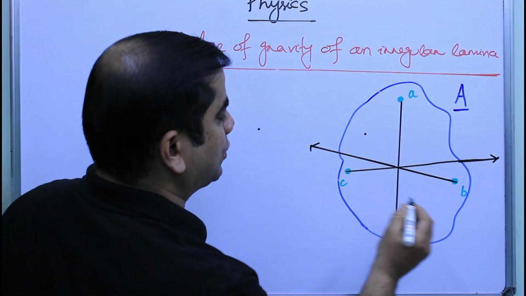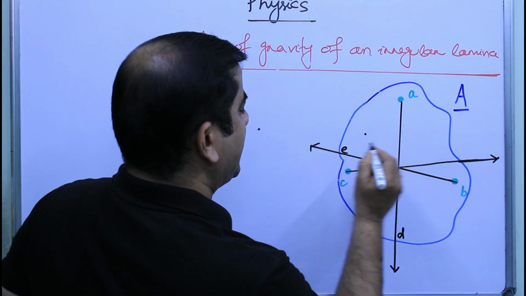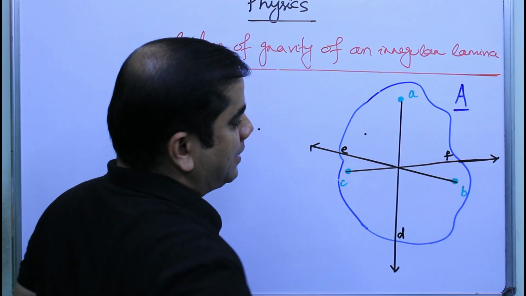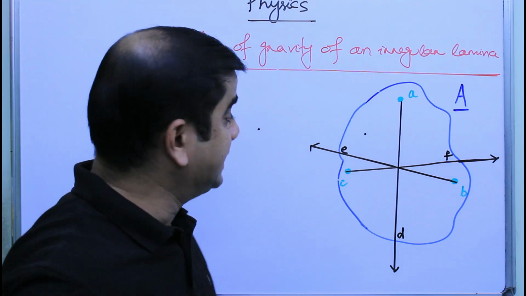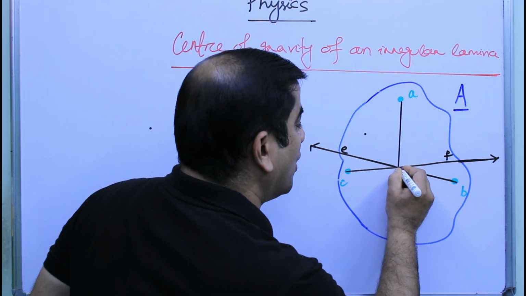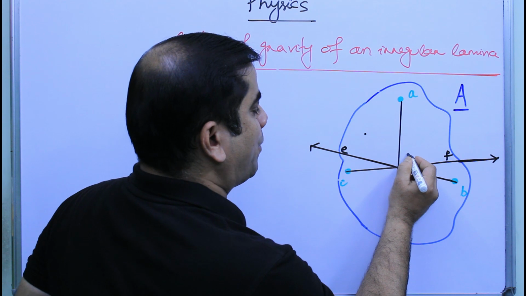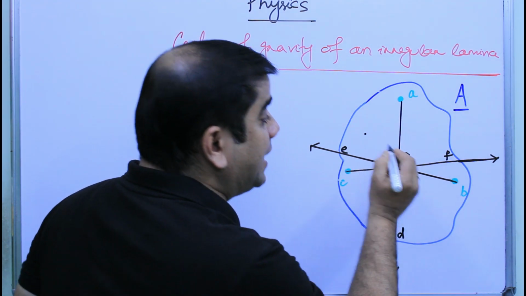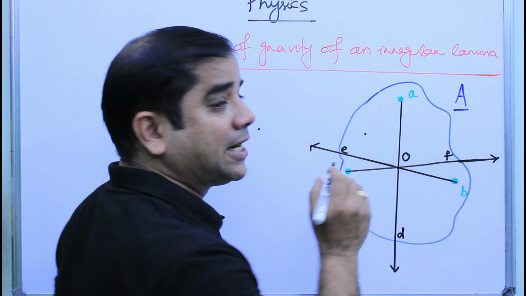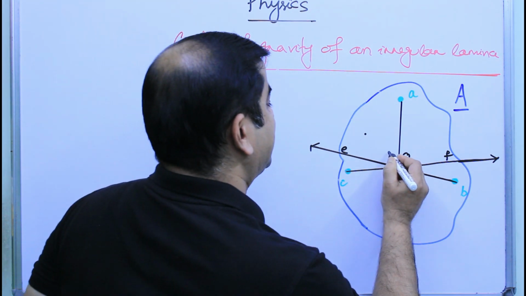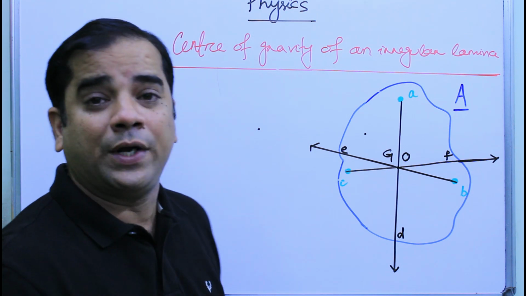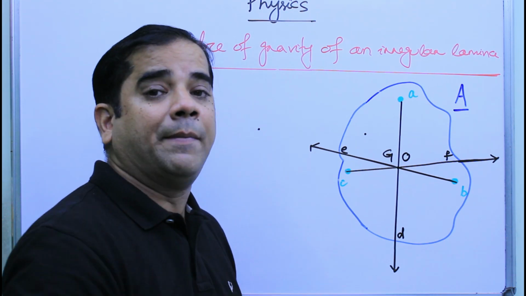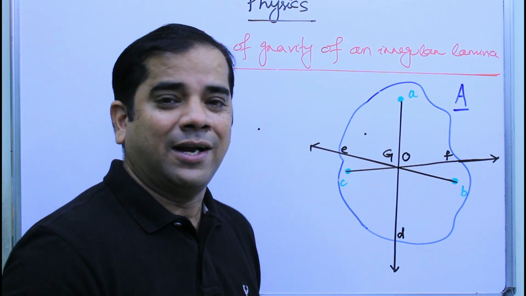Suppose this point is E and this point is F. Now you can clearly observe that all these vertical lines intersect at a point. Suppose this is the point O, and O is nothing but the center of gravity, which is denoted by G. So by following this process, we can find the center of gravity of a body of irregular shape.